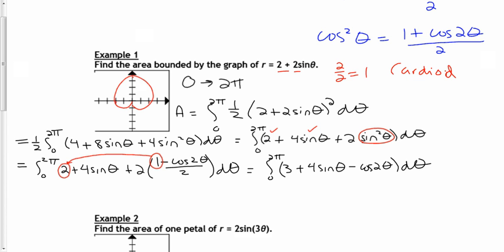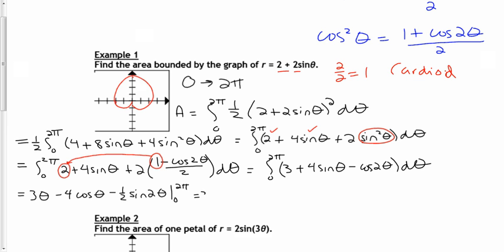So I take my antiderivative, that gives me 3 theta minus 4 cosine theta minus 1/2 sine 2 theta. And my bounds are 0 to 2 pi. And now I'm just going to plug in my bounds, subtract, and simplify.